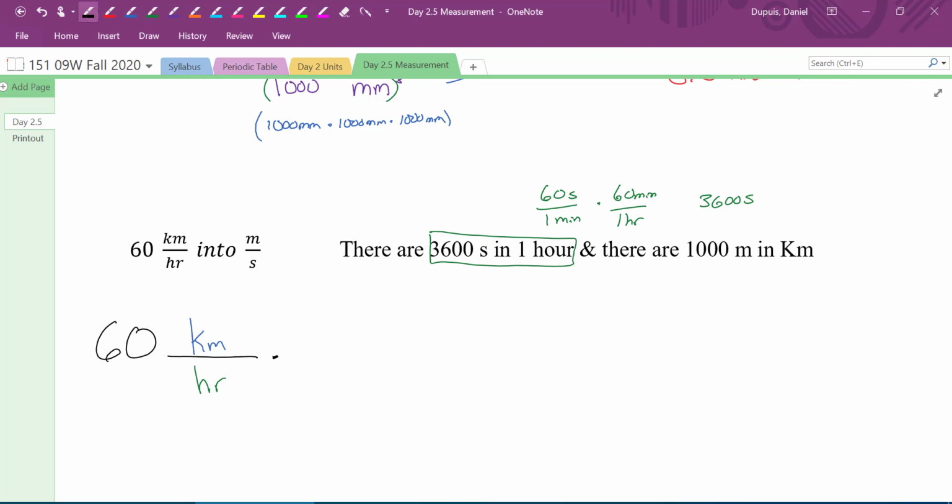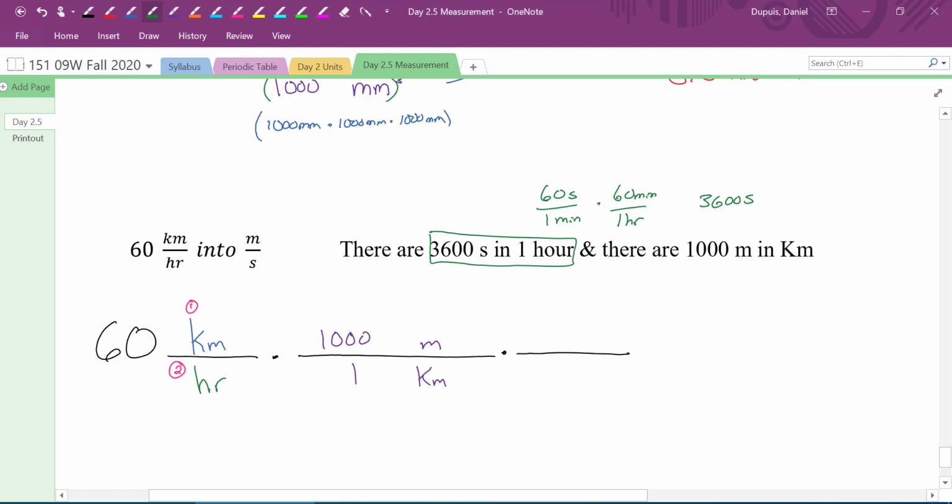All right, so now we have a compound unit, so we have to do both. I'll start with doing the top unit first, and then the time unit second. You don't have to, but I'm going to do it that way. So first up, kilometer on the bottom, and we're going to meters on top. And then there's 1,000 meters in 1 kilometer. And that's it. And then we are going to do hours to seconds.